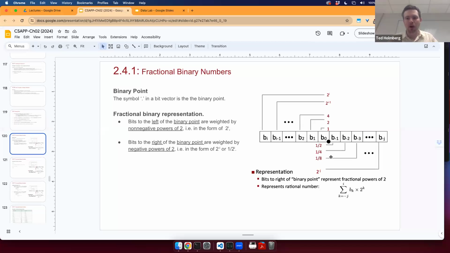We can sum from there all the way until we get to our I term. And then here, we can take whatever the binary value is at any given time and multiply it by 2 to the power of k. So does everyone see how this sigma summation term, this mathematical term, matches this visual representation?